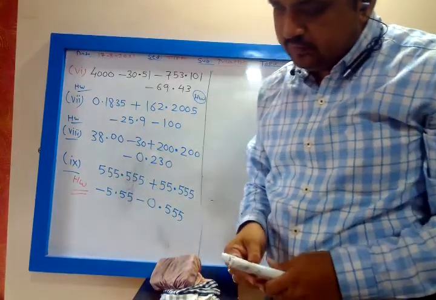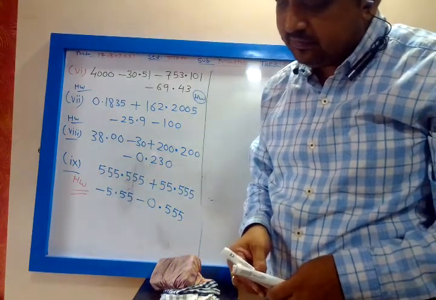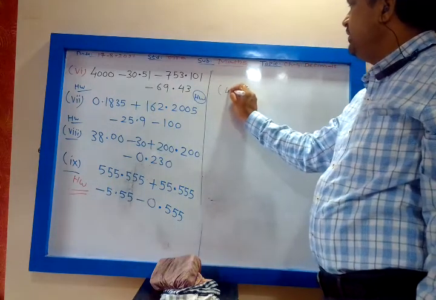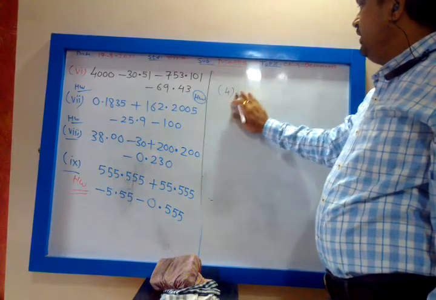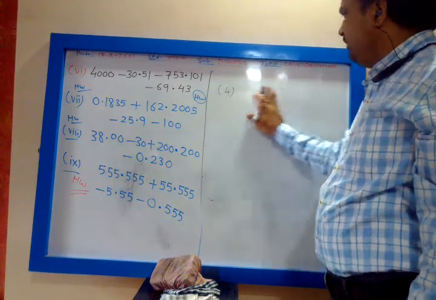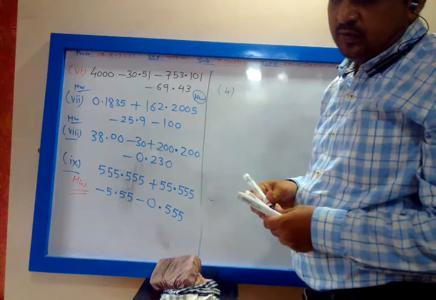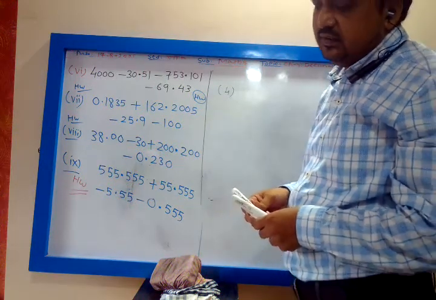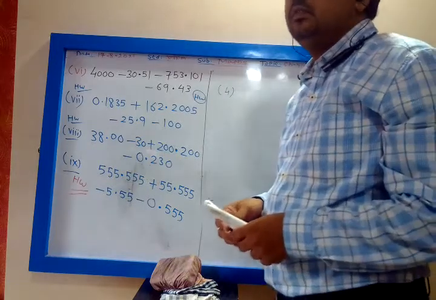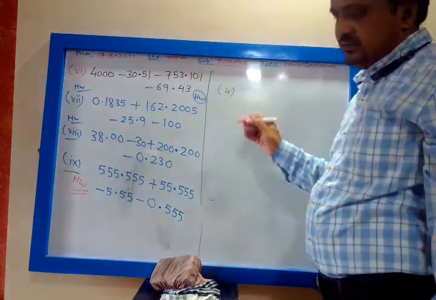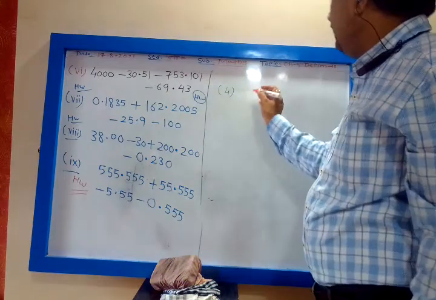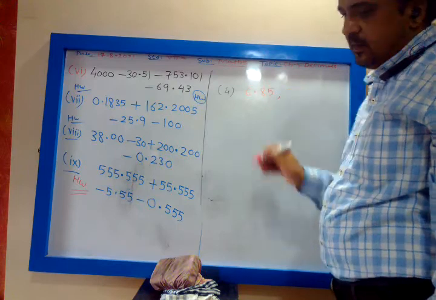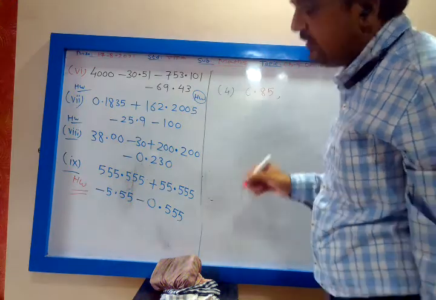Now let us do the word problem. Fourth problem: find the difference between 6.85 and 0.685. All of you have the textbook. What do you mean by difference? Minus.